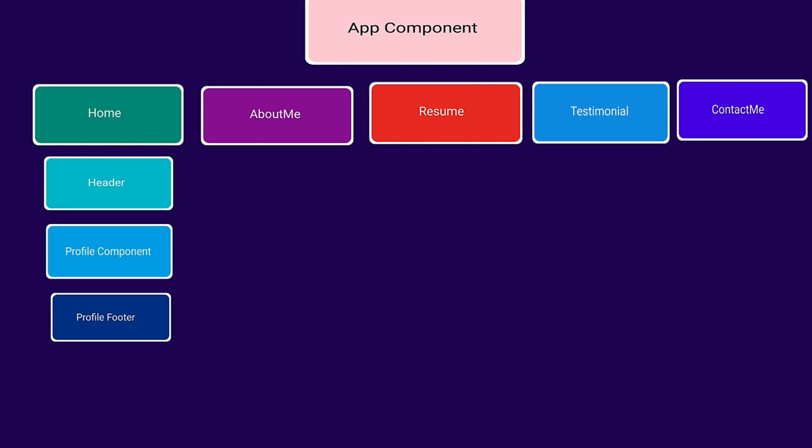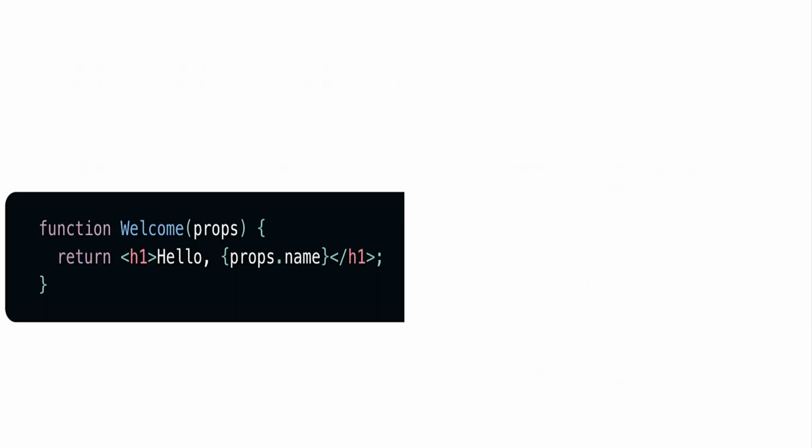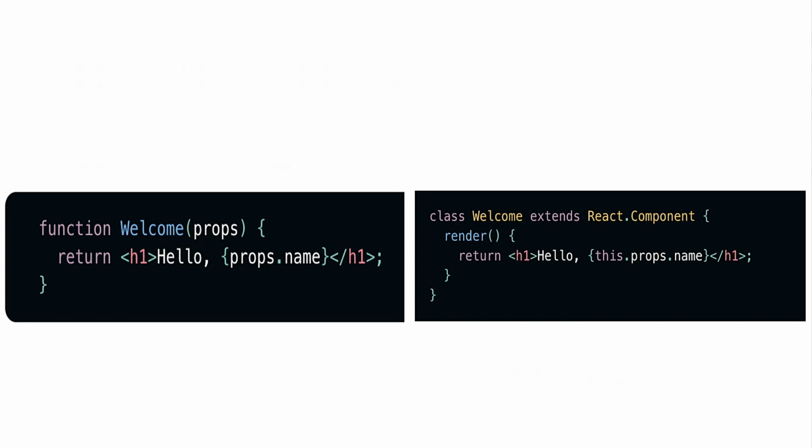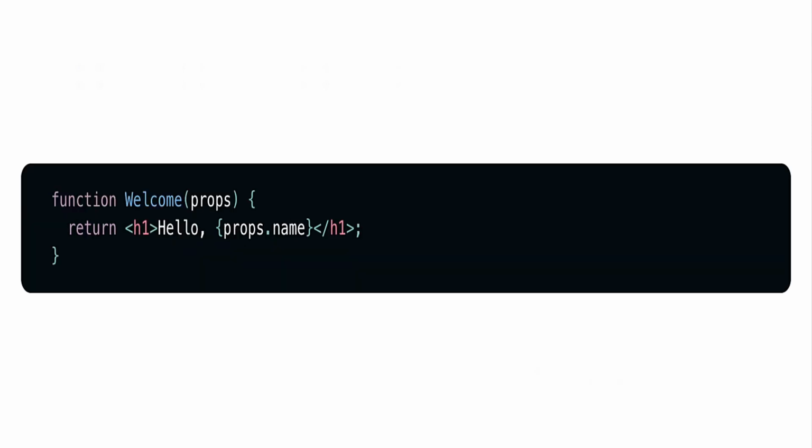In React.js, we have two types of components: functional component and class component. Functional components are JavaScript functions that accept props as an argument and then return a valid JSX, which in actual sense is the markup that describes the UI.